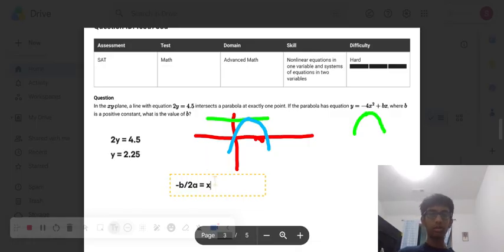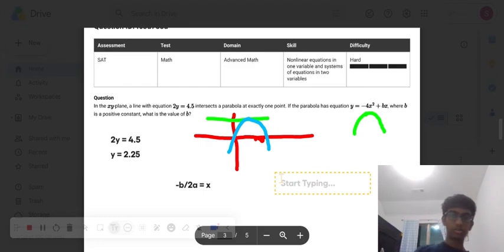If this is x, we can plug this into our equation and substitute it in. So we know that y should be equal to 2.25, and this should be equal to minus 4 times minus b over 2a squared, so that's just b squared over 4a squared, right?